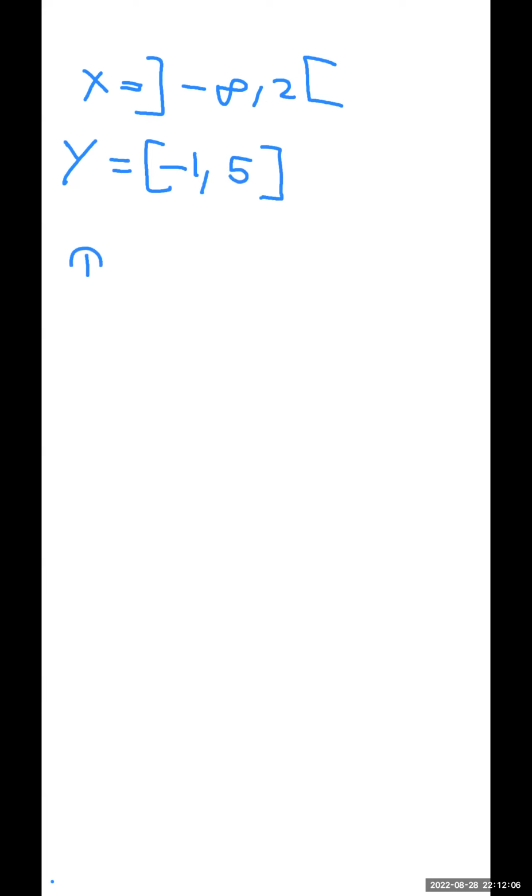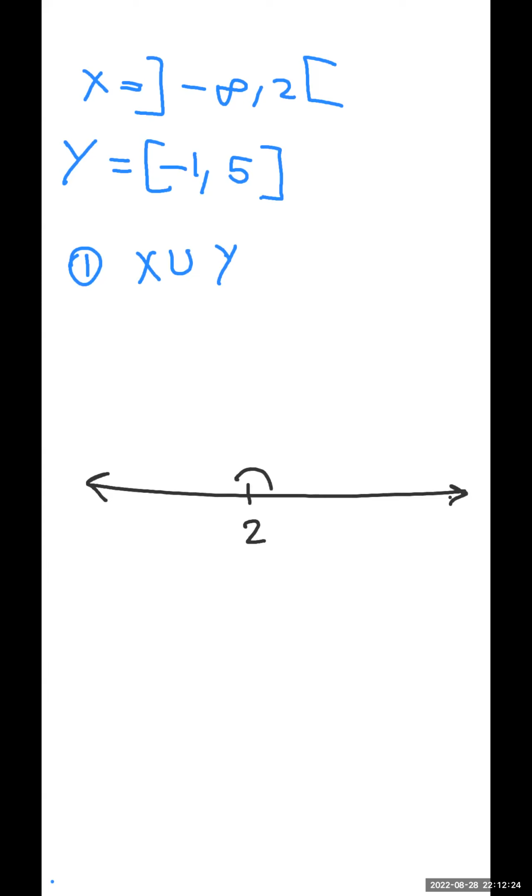Find X union Y. Okay, now, as usual, I'm going to draw the number line. So the number line for X, it's negative infinity and 2. So this means 2 is here. Is it closed? No, opened. Negative infinity, negative direction.